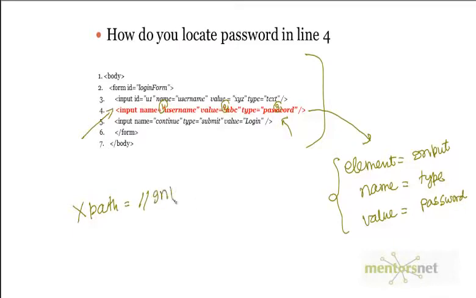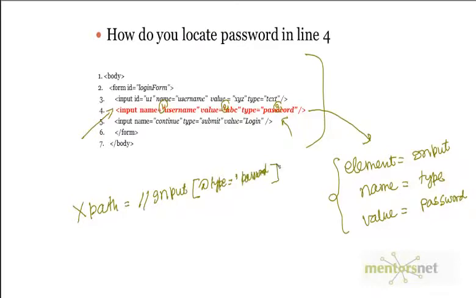The element name is input, then you give a bracket. Here you have to give the attribute name with an @ sign, and in this case the attribute name is type, so it's @type. Then you open a single quote, and inside the single quote you give the value, and the value is password.